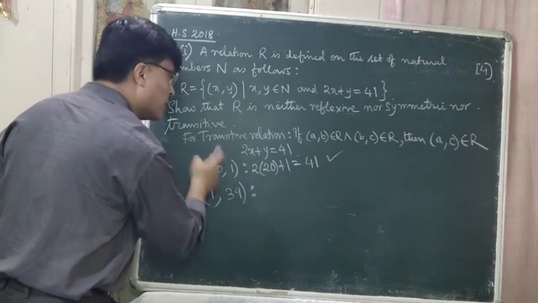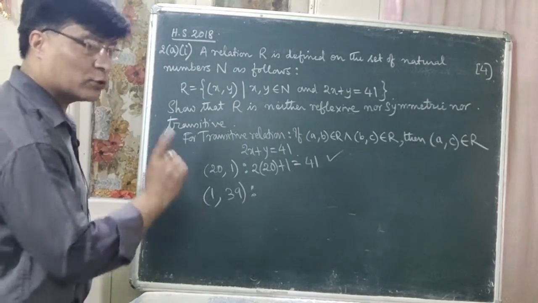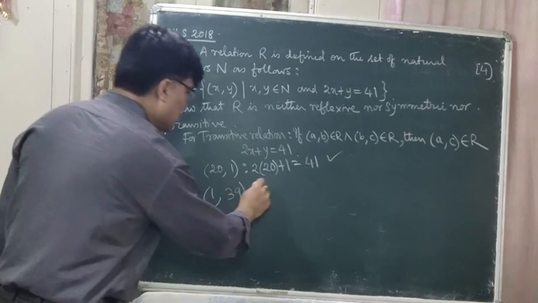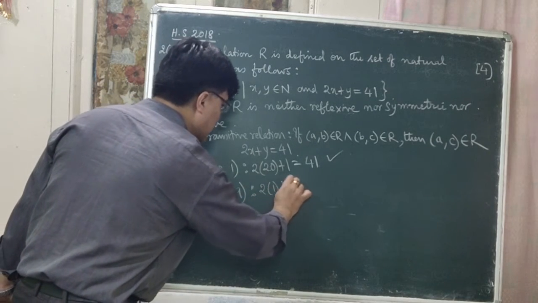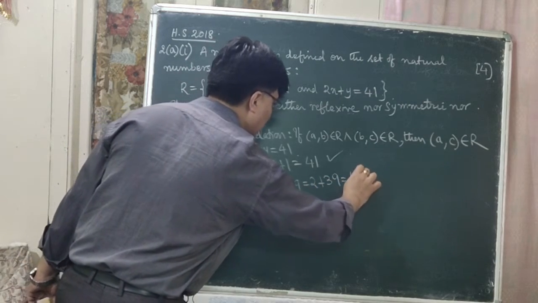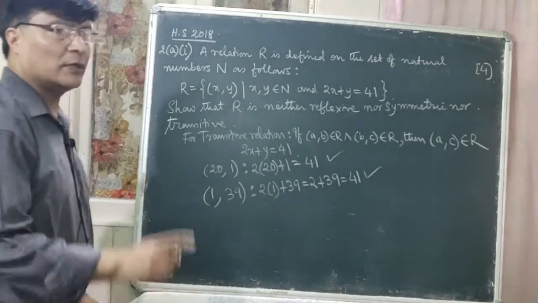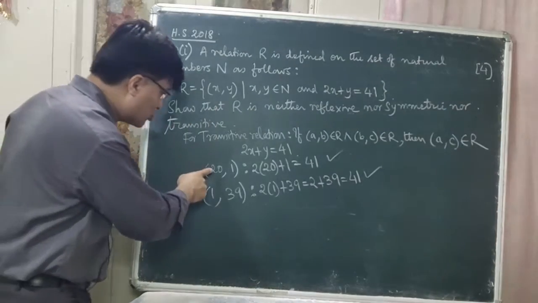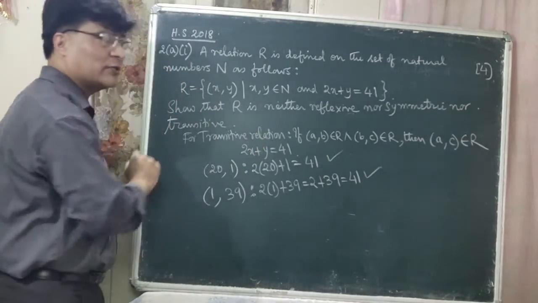This ordered pair must satisfy 2x plus y is equal to 41. So 2 into 1 plus 39 is 2 plus 39 is equal to 41. This is also true.